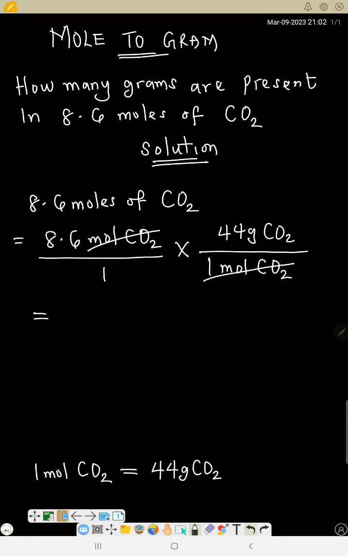So now 8.6 times 44, so that will be 378.4 gram of CO2. So that is the answer. So now you will notice here, you will not be thinking of formula. Anyhow the question comes, just start with the one you have, and other relation you have, relate it together, you will achieve your aim. So now let's see another example.